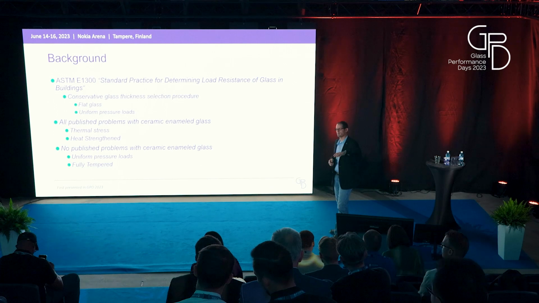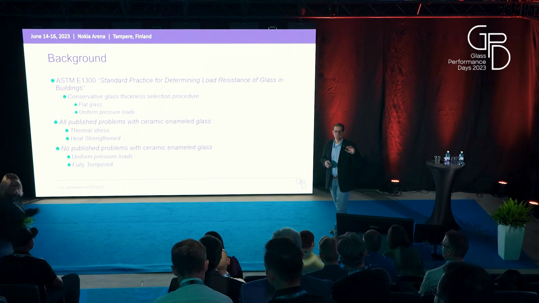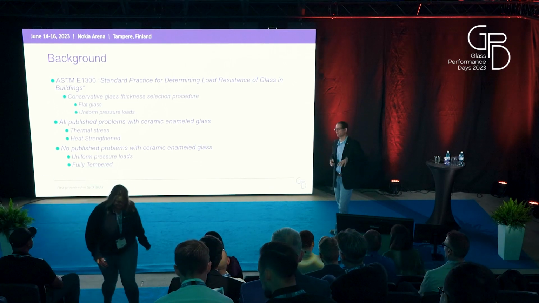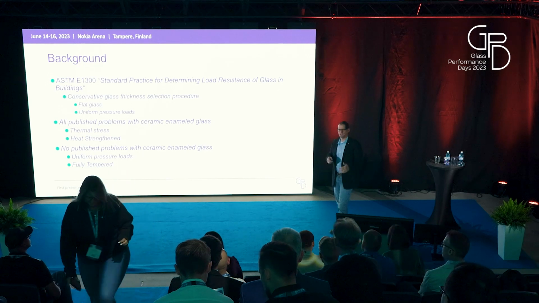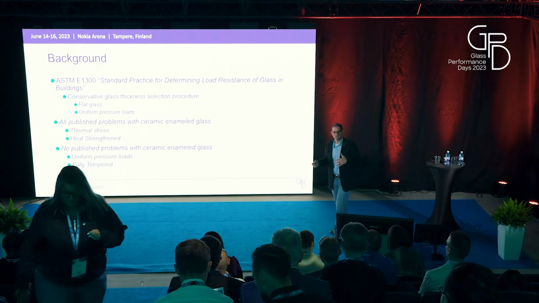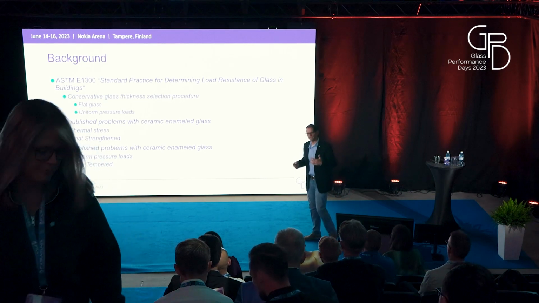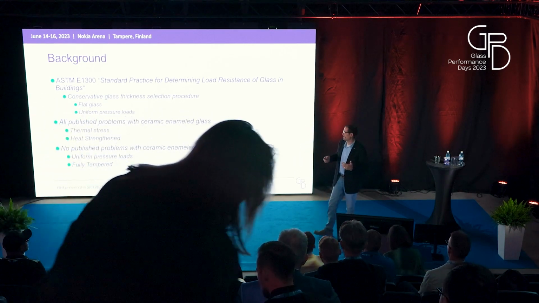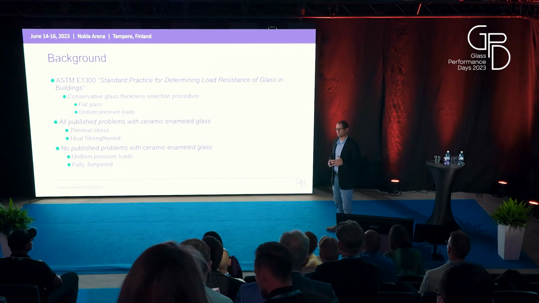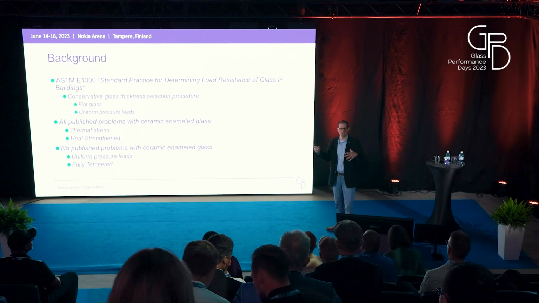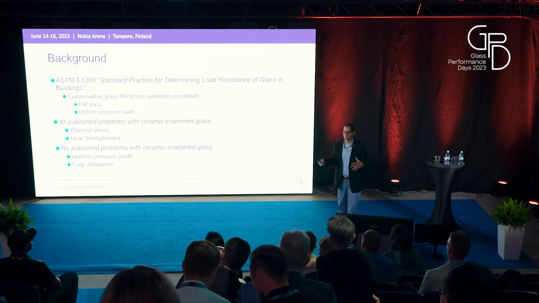The first charts were really based on design pressure with a safety factor, and then PPG kind of introduced the stress-based concept where we could actually calculate stress using things like finite difference methods. Computers were coming online, and so that evolved into what is now ASTM E1300.